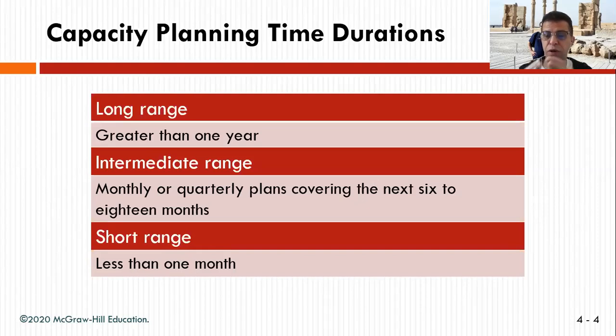So every month for 18 months or every quarter for 18 months. And then you have the short range, which is less than a month. So if it's 18 months and you plan every month or every quarter, then it's an intermediate range. But if you have one plan for 1 month, it is a short range.